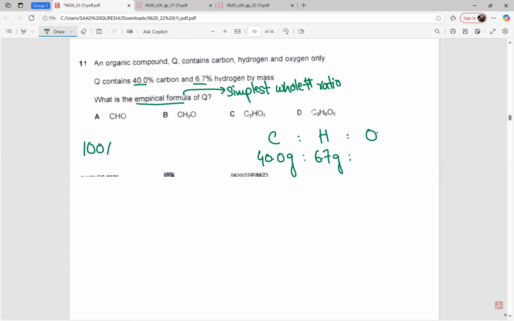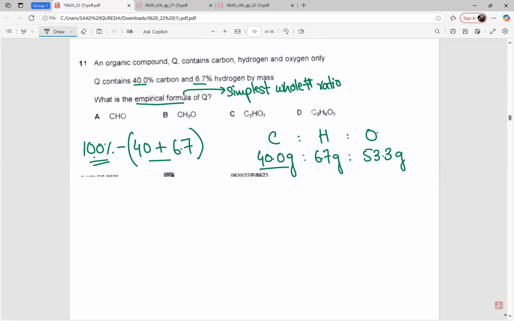Total percentage is 100, so we will subtract the total mass of carbon and hydrogen from the total 100% to get the mass of oxygen. So 40 plus 6.7, then whatever answer we get, we have to subtract it from 100 and we get the answer 53.3 grams as oxygen mass.